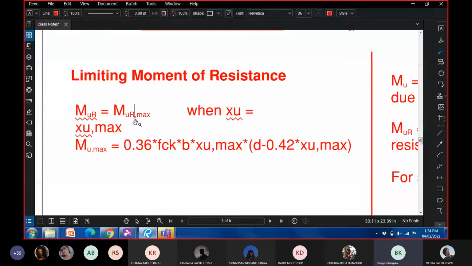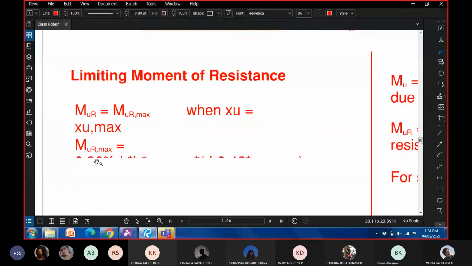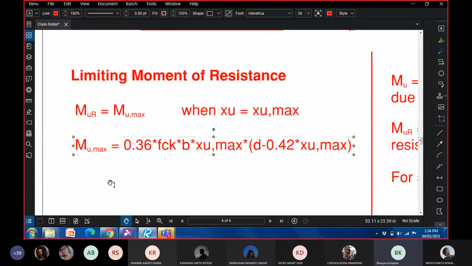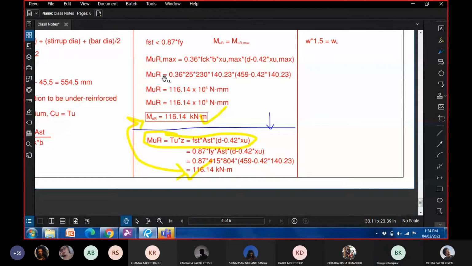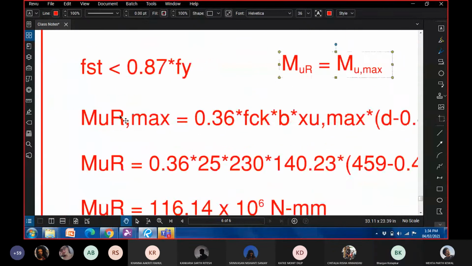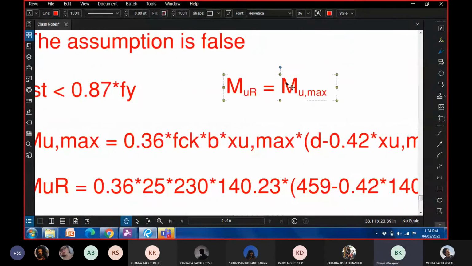So please correct this in your notes from the last lecture. Let us represent the limiting moment of resistance as MU max.